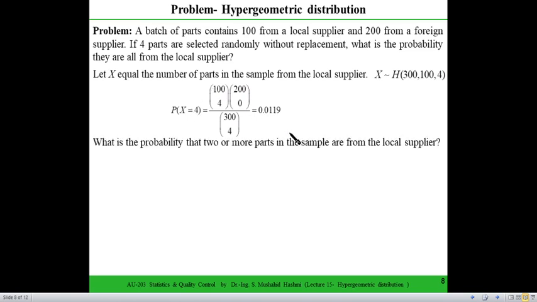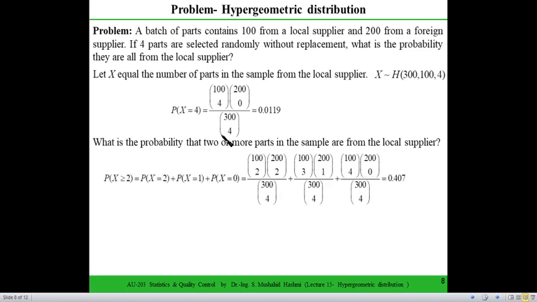What is the probability that 2 or more parts in the sample are from the local supplier? Two or more parts means X should be greater than or equal to 2. So it could be X equal to 2, X equal to 3, or X equal to 4. You add all these probabilities to get your required probability.